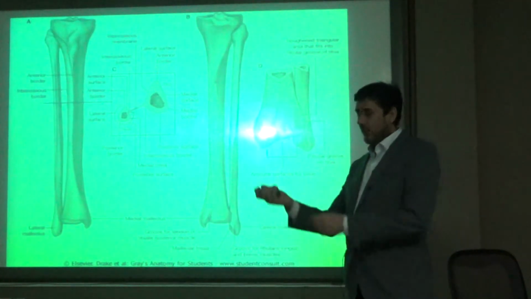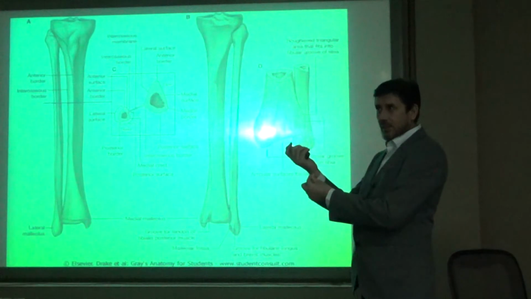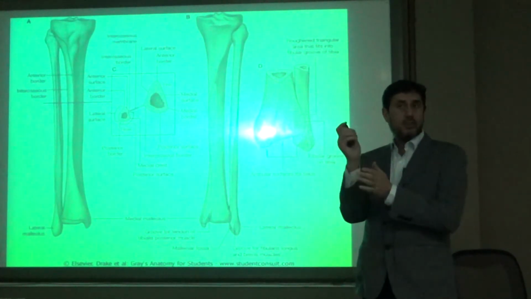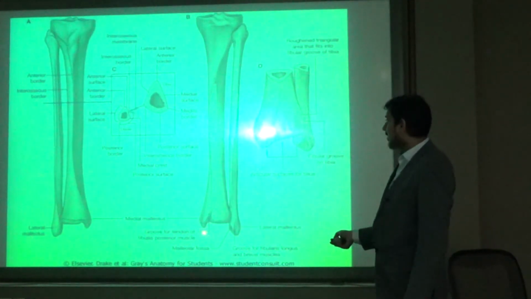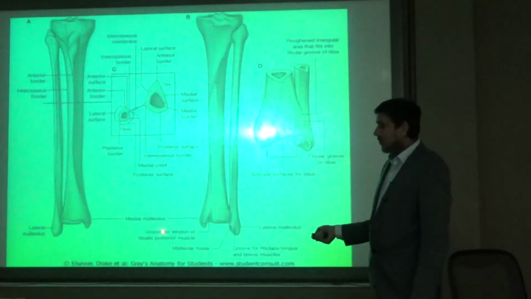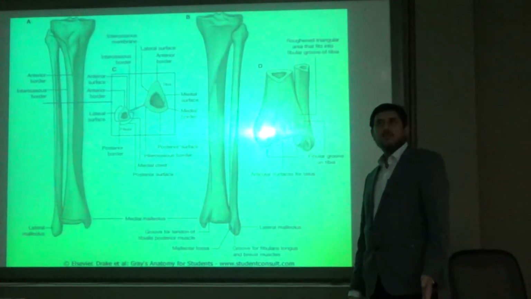Are you feeling over here that there is... What is this called? Styloid process. But these are not styloid. This is malleolus. Medial malleolus and lateral malleolus.